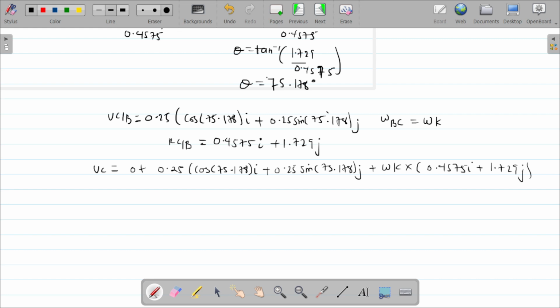All right, so from here you can simplify further. 0.25 cos 75.179 and 78.